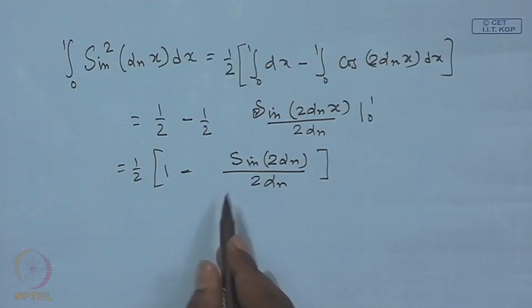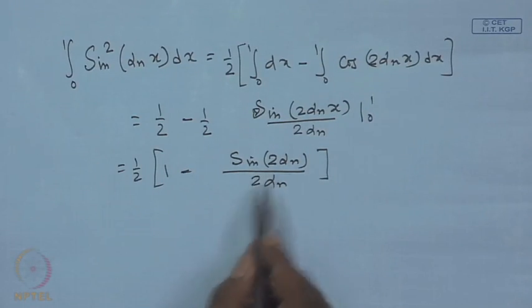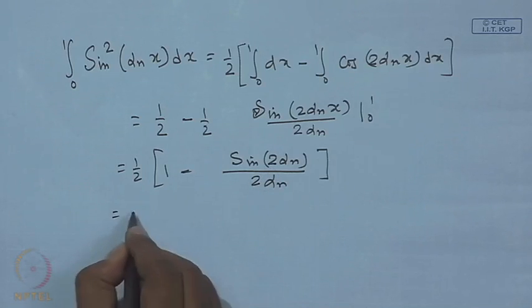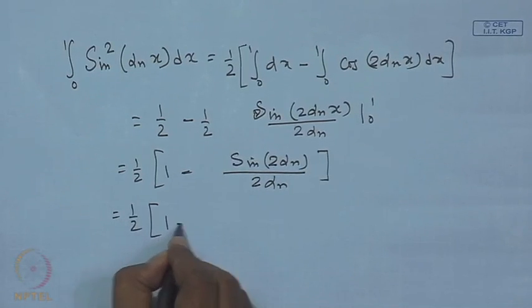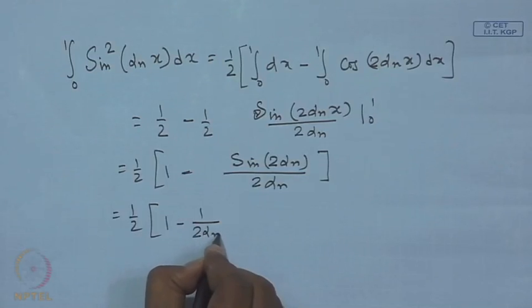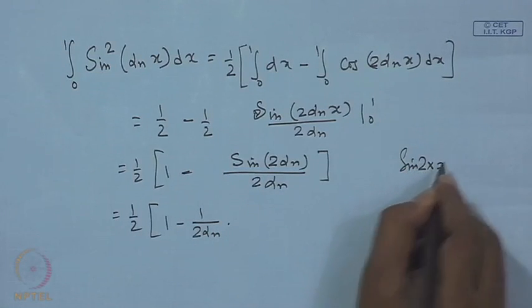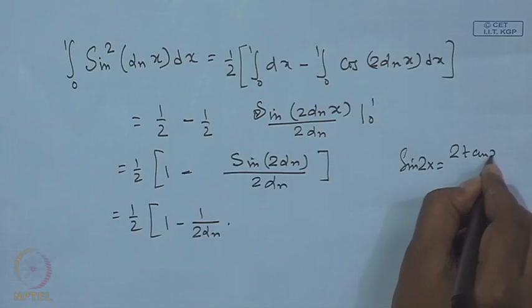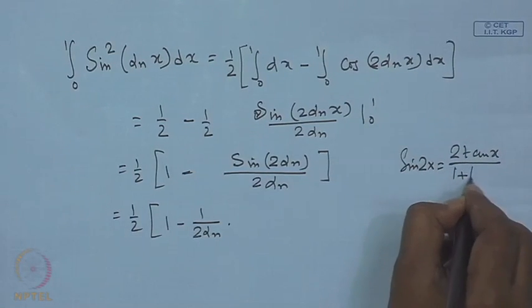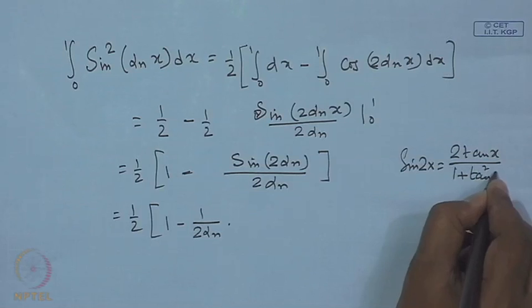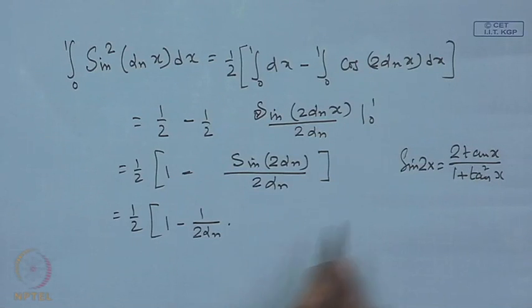Now, we break this down into tan alpha n. So, this becomes half times 1 minus 1 by 2 alpha n sine 2 x, and sine 2 x is nothing but 2 tan x divided by 1 plus tan square x. Using this identity, we put it here.